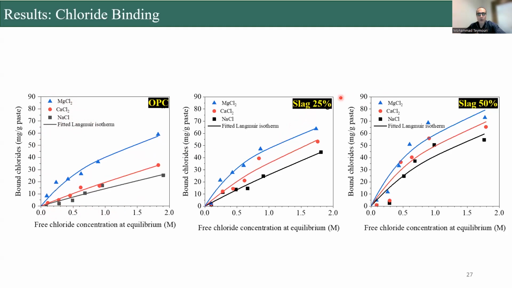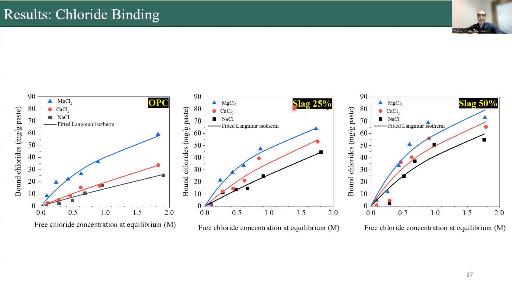But when we incorporated slag, 25% and 50%, it is promising. We have more binding regardless of the type of the cation, in NaCl, calcium chloride, and magnesium chloride, compared to OPC. And even 50% is higher than the 25%.